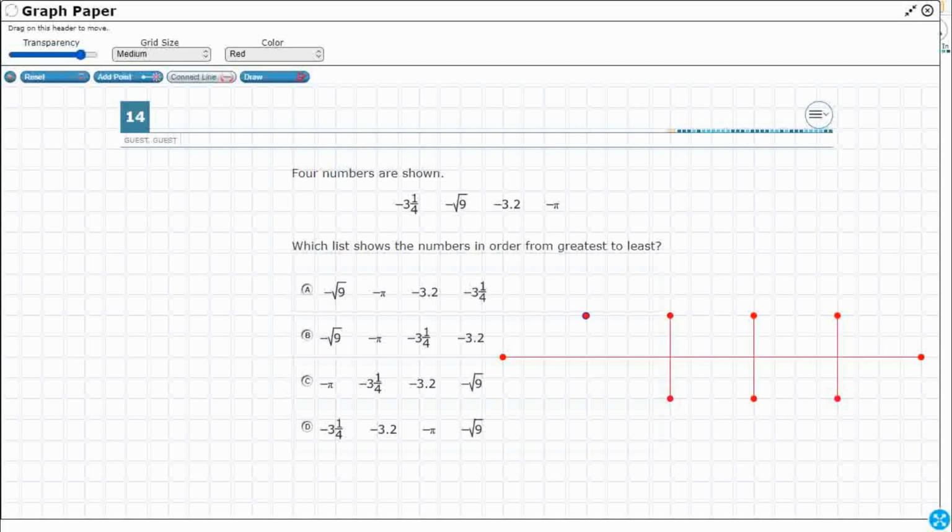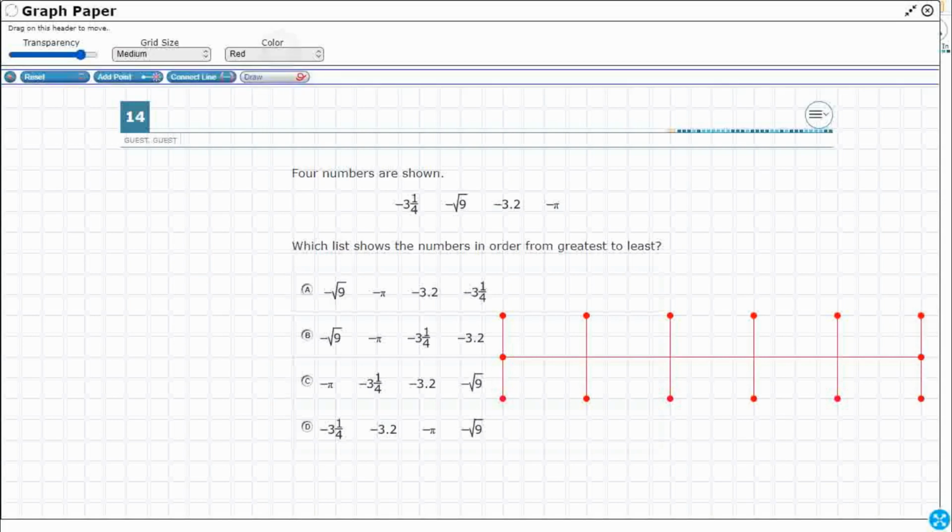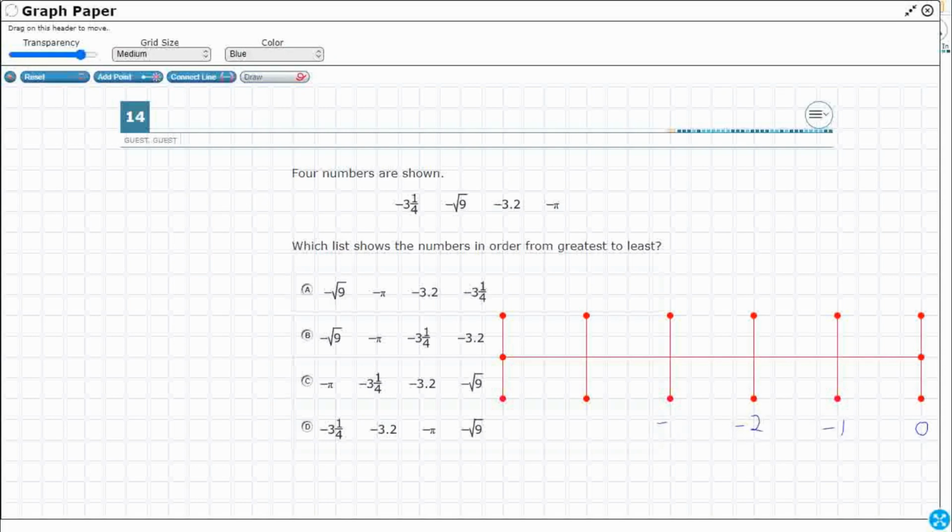I'm going to start with 0, simply because all of the numbers are negative, so I don't need to worry about both sides. So I'm going to go 0, -1, -2, -3, -4, -5. All right, so there's my number line.